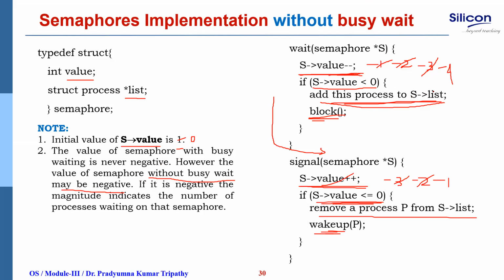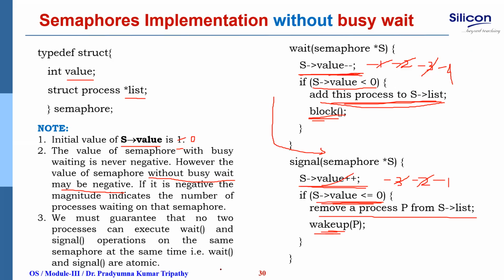If it is negative, the magnitude indicates the number of processes waiting on the semaphore. If it is -4, that means 4 processes are waiting. If it is -10, that means 10 processes are waiting. So if we go for without busy waiting, a negative value may come. Otherwise, the semaphore is always positive.